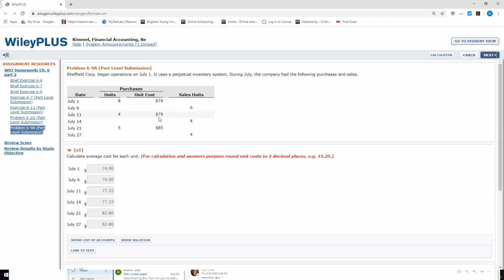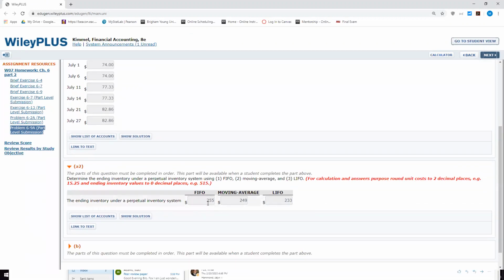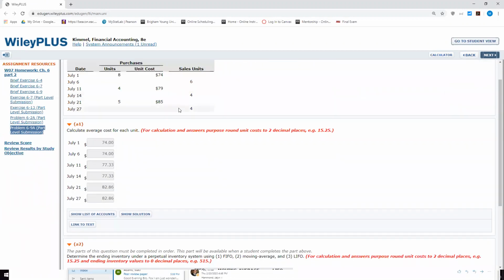I sell 4, so I'm selling the 2 at 74 and 2 at 79, so I have 2 at 79 left. Purchase 5 at 85. Sell 4, which means I'm selling the 2 at 79 plus 2 at 85. You could just do that on scratch paper and say at the end I'm left with 3 units that cost 85, and that would give you the first in first out. You probably don't need a big Excel spreadsheet if that seems overwhelming.